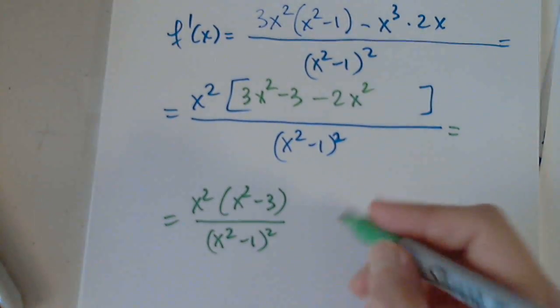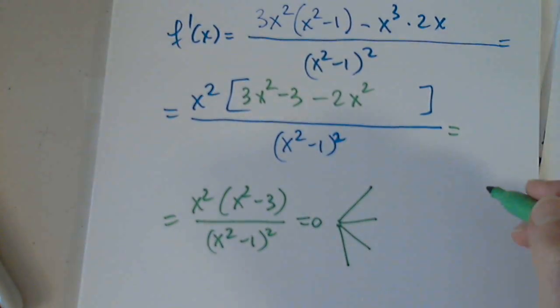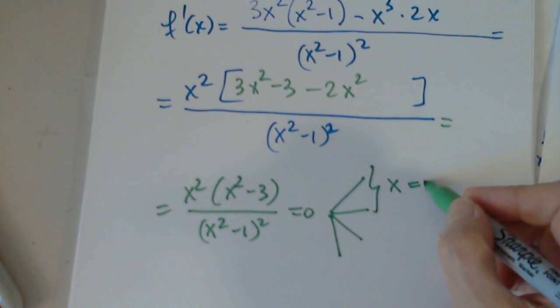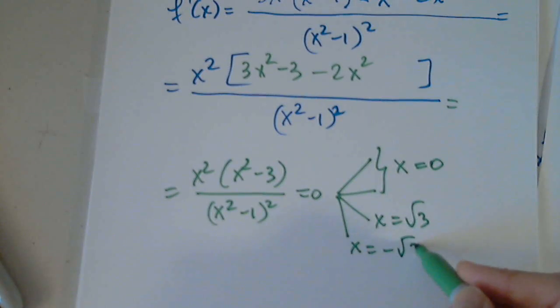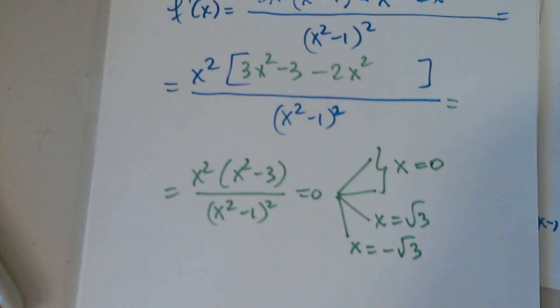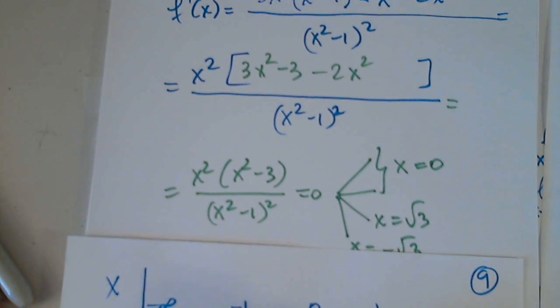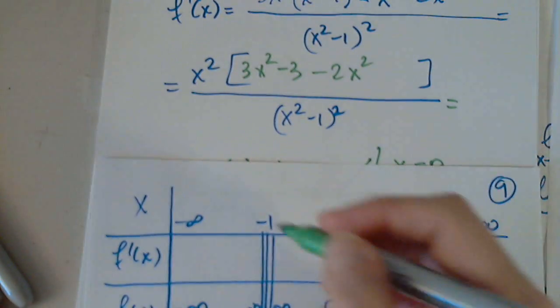This is very ugly because I'm going to get into the same situation. So x equals the square root of 3 and x equals negative the square root of 3. And who knows what the second derivative will come up with. Okay. So it's 0 here, and the square root of 3 and negative the square root of 3.